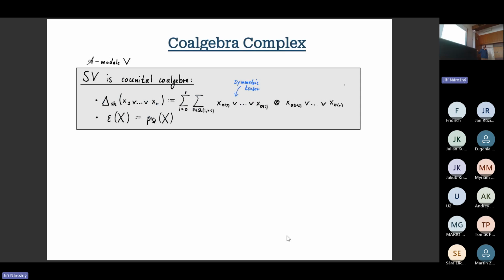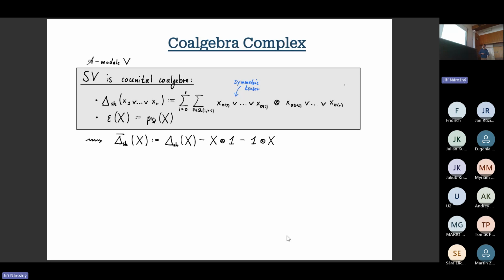From this structure, we can construct another coproduct we will need, namely the reduced shuffle coproduct, which is just the shuffle coproduct, but we remove the terms where all of the x's end up in the left or in the right leg.